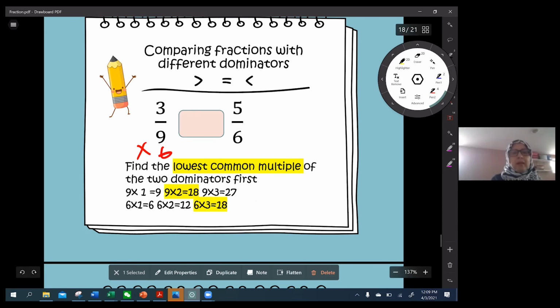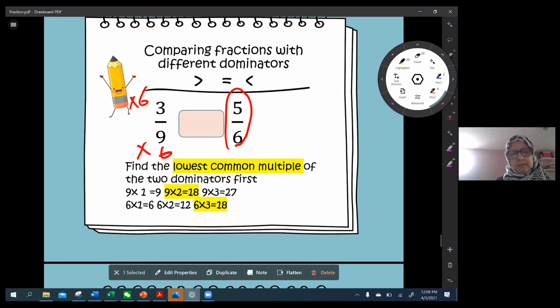And what do I do for this one? Times 6? No, this one is if you want to do 36. If I do 9 times 6 here, 9 times the other one, I will multiply this with which one?